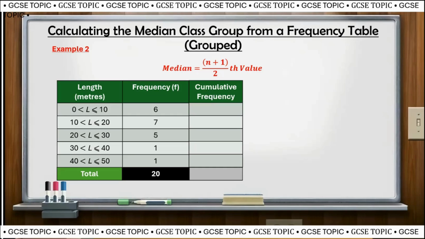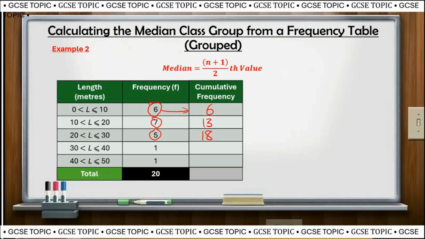So let me show you how. I'm going to use the first piece of data, which is 6, and place it into the first cumulative frequency box. I'm going to add the next frequency to this number, so 6 plus 7 gives me 13. To find the next cumulative frequency, I will do 13 plus 5, which is equal to 18.